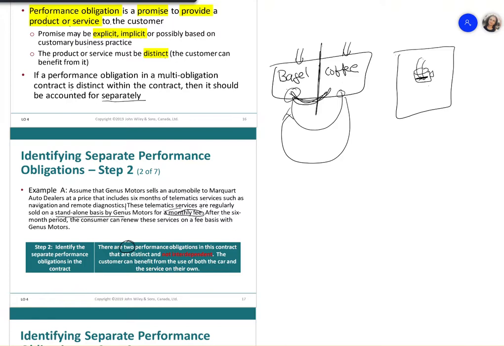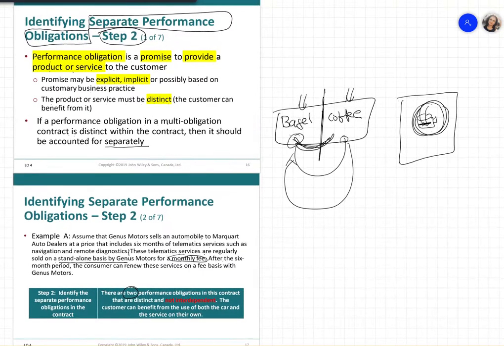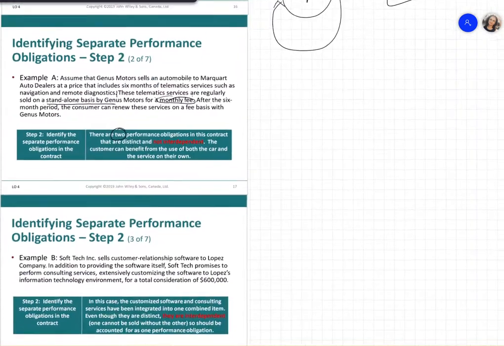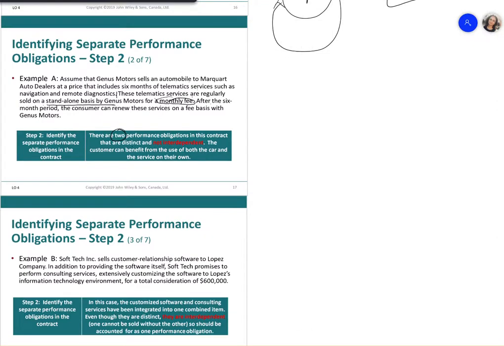So in this case they are distinct and not interdependent, whereas the other one was interdependent. Let's see the next example.